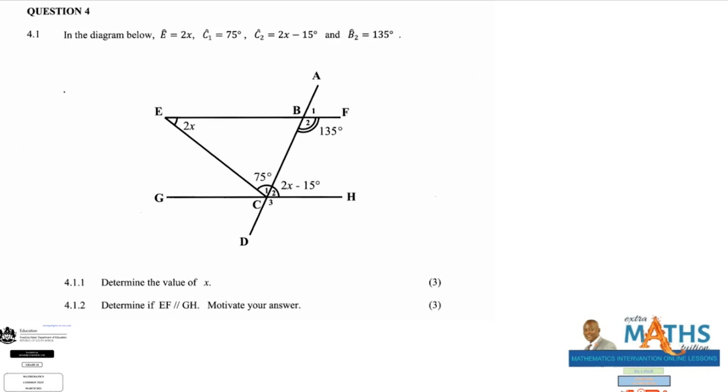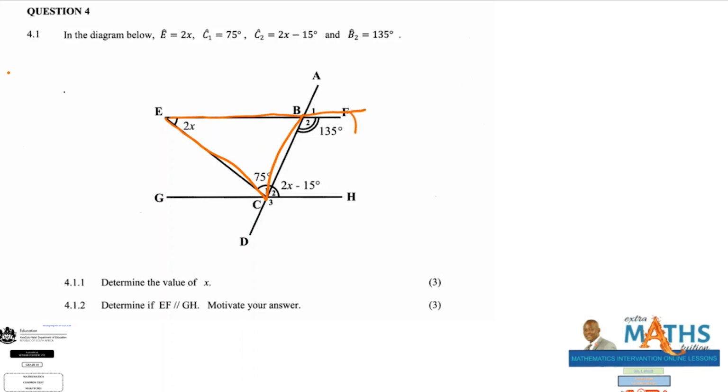Okay? Now, what we need to do, we need to look for the given angle. It's 135. Okay? And we have the value of x, which is 2x, and this 75 degrees. And guys, I hope you see that we have an exterior angle on this type of problem because we have this triangle, isn't it?